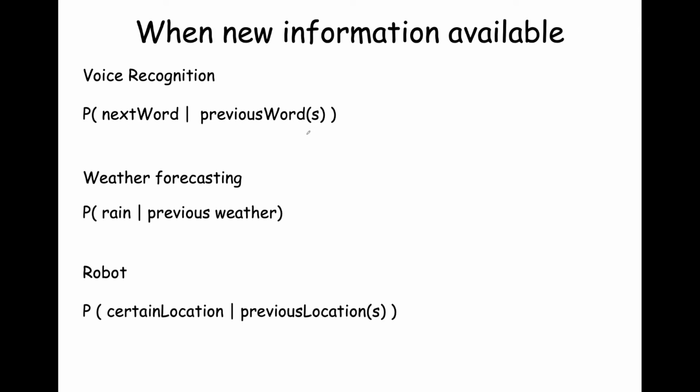In weather forecasting, you're looking at things like perhaps the probability of rain given the last few days' previous weather. In robotics, this is used all the time for localization. You're evaluating the probability of a certain location given a sequence of previous locations. And so this idea of probability in light of new information is immensely useful across a wide variety of different types of problem domains.